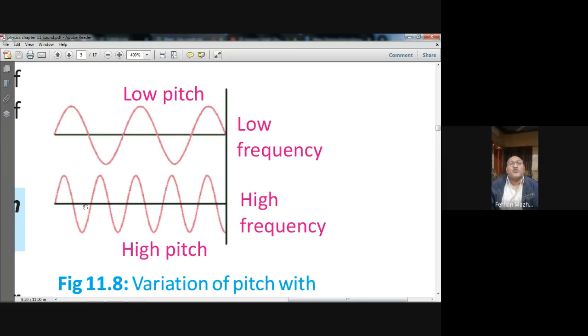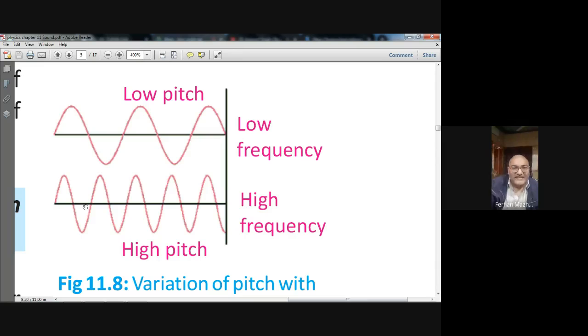F is equal to 1 by T. So the sound wave which has a larger time period will have less frequency, and the wave which has a smaller time period will have larger frequency. F is equal to 1 divided by T.